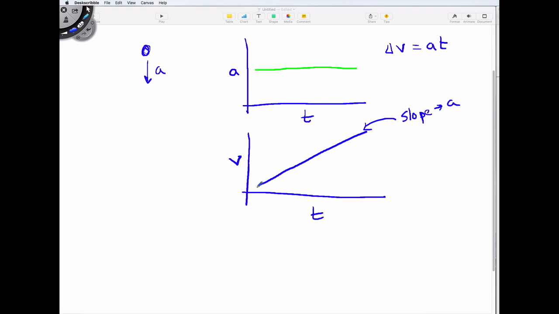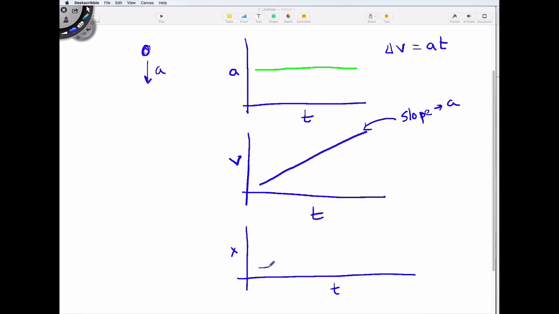Now you'll notice that this is a constant slope, which is a constant here in this line. But if I ask what's happening in terms of position, as an object falls through space, its position gets further and further away from where it started, faster and faster, because the velocity is getting faster and faster as we go.